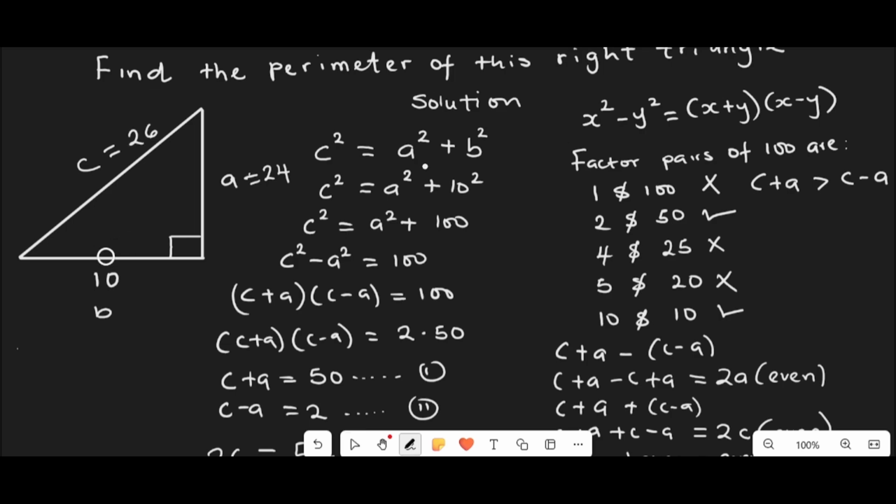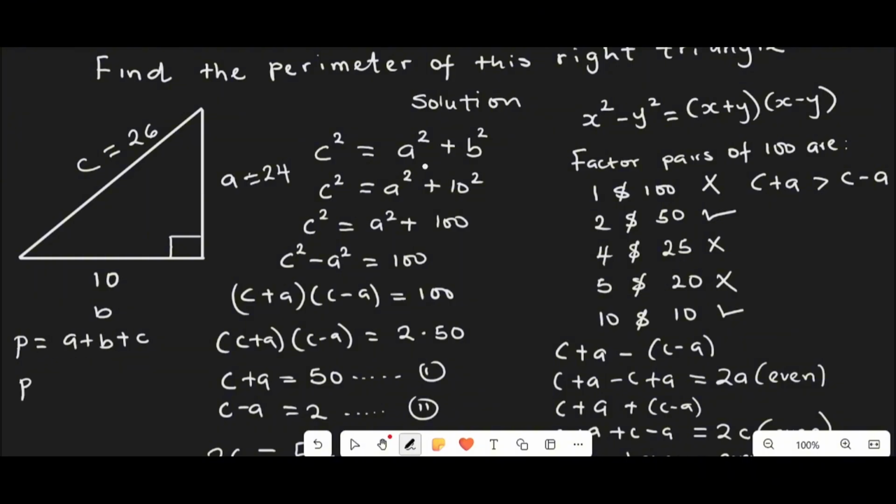So the perimeter of a triangle is P equal to A plus B plus C. So let us substitute the values of our A, B and C into this equation.